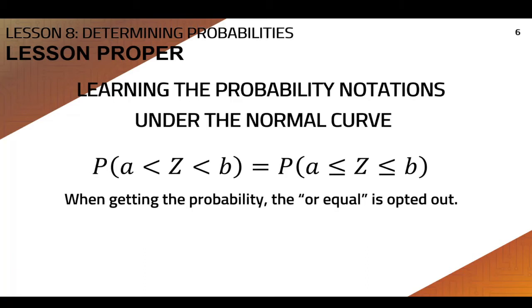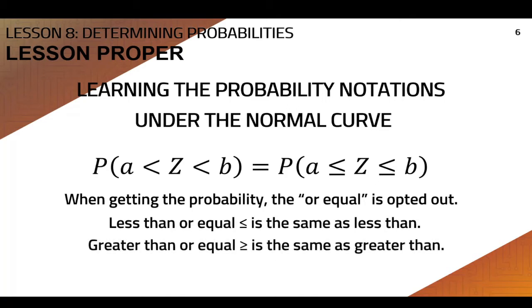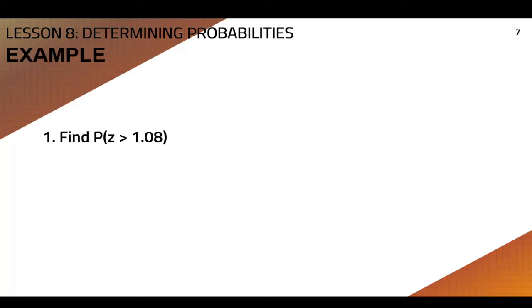When getting the probability with the normal curve, the or equal is optional, because it is just the same. Less than or equal is the same as less than, and greater than or equal is the same as greater than.